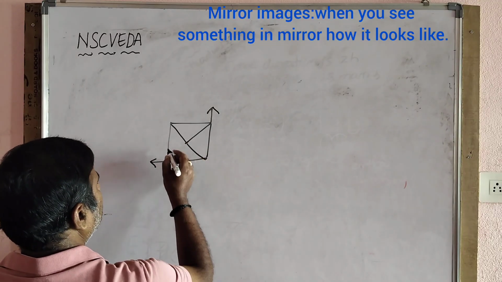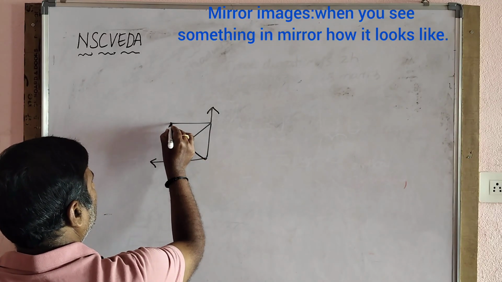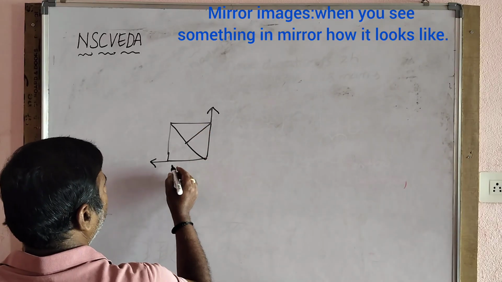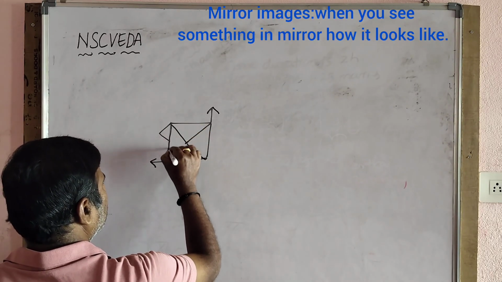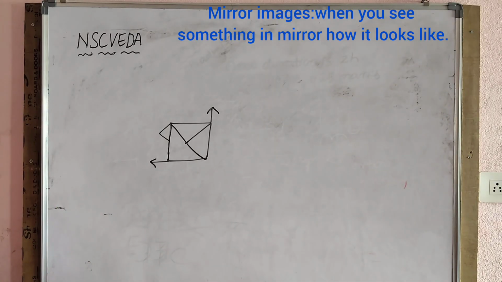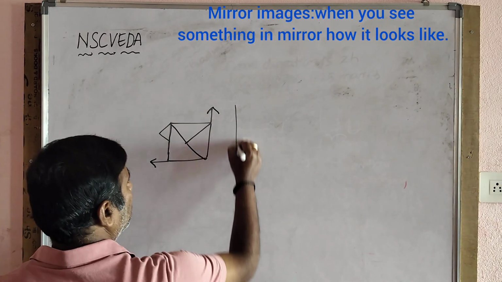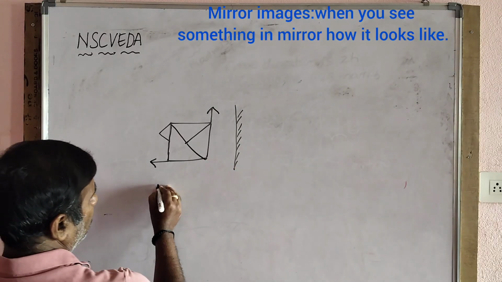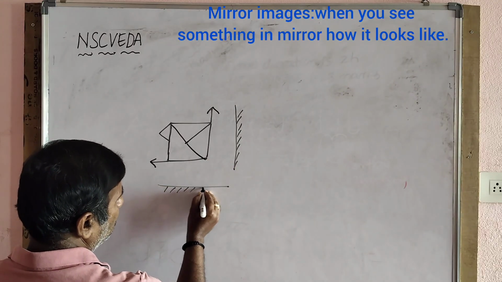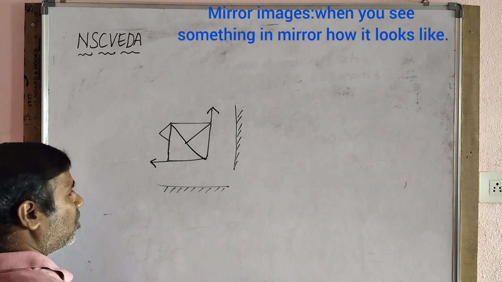Assume that this is the question. For this, I have to draw the mirror image first. When I put the mirror on the right side or left side, this is a mirror image question. Next, we will draw the water image question also. If I put the mirror at the bottom or top, that is the water image question.